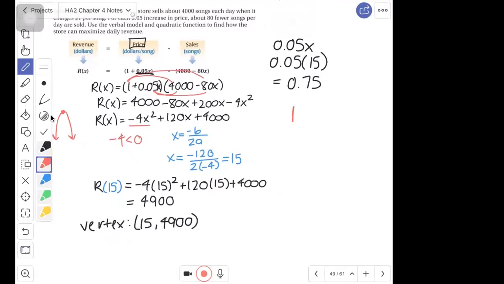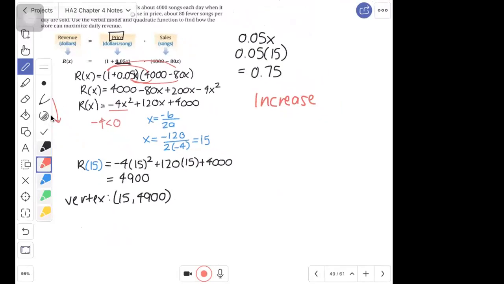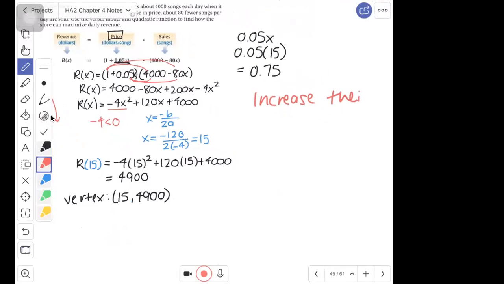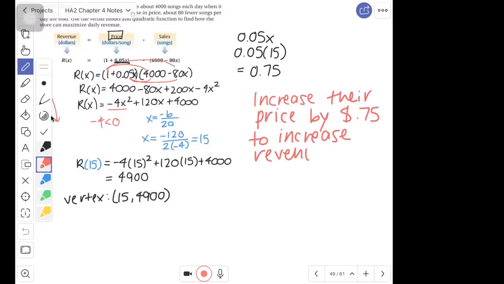So we need this music store to increase their price by 75 cents to increase their revenue to 4,900. And we're talking about daily revenue, so this is per day.